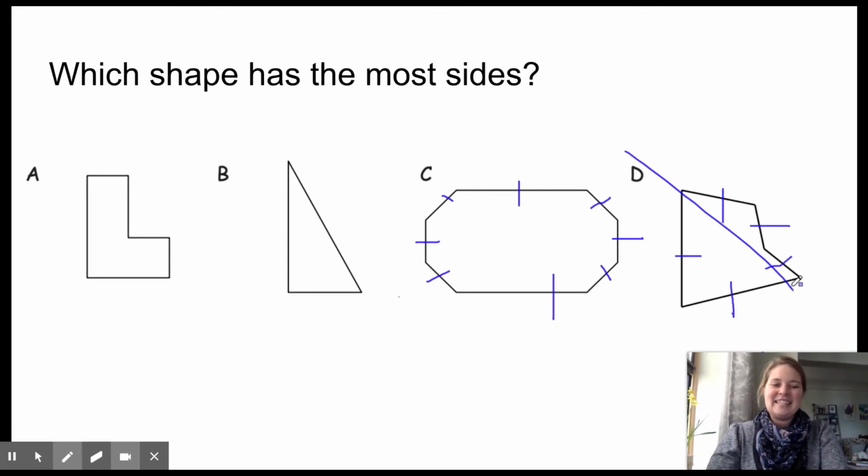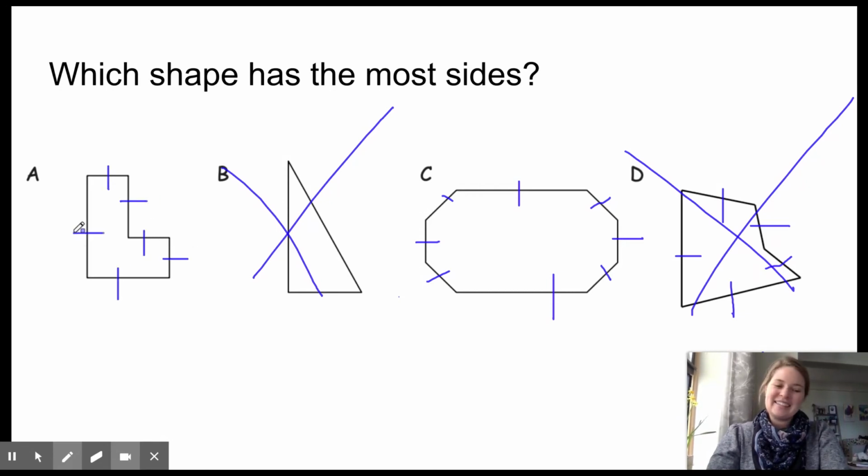It's not D. We already ruled out B. Let's check A. 1, 2, 3, 4, 5, 6. It's not A. So which shape has the most sides? C. C has the most sides.